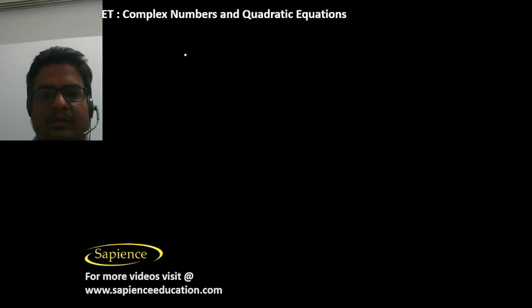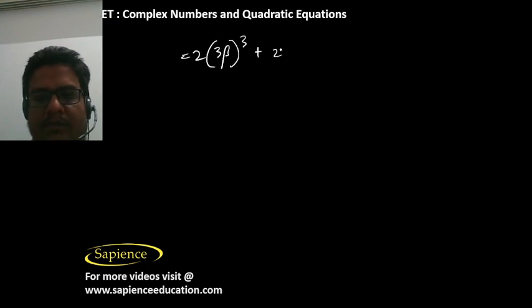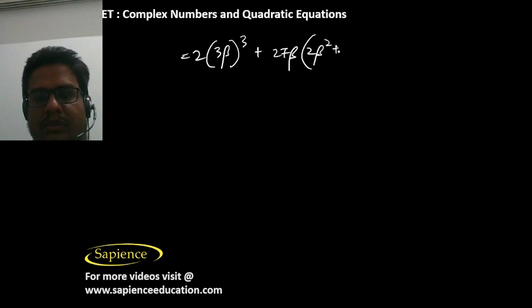So this we can write 2 into 3 beta whole cube plus 9 into 3 beta, so 27 beta into 2 beta square plus alpha gamma.